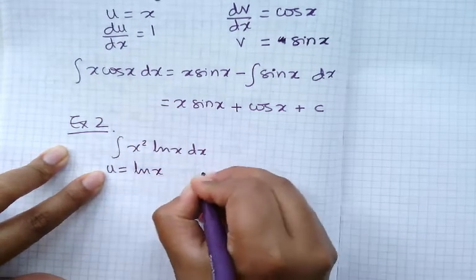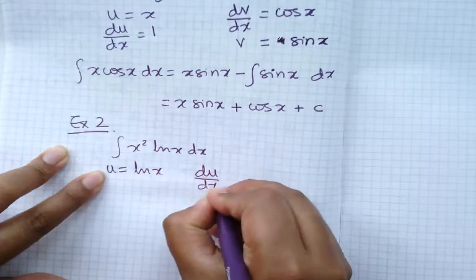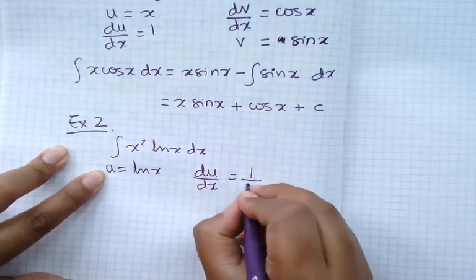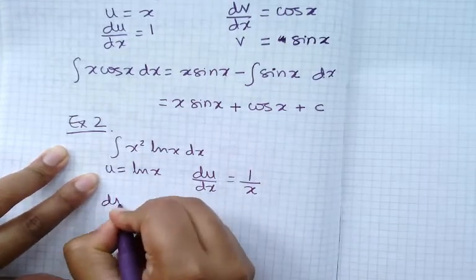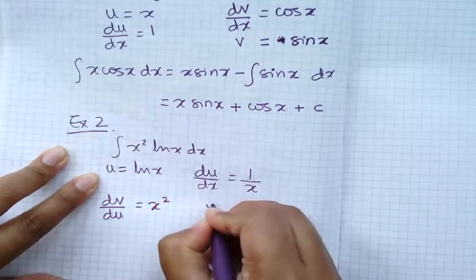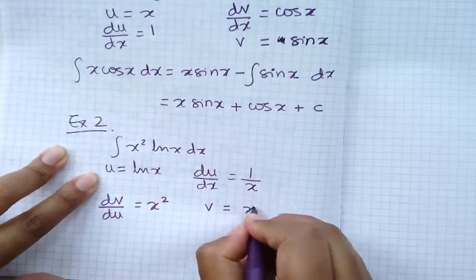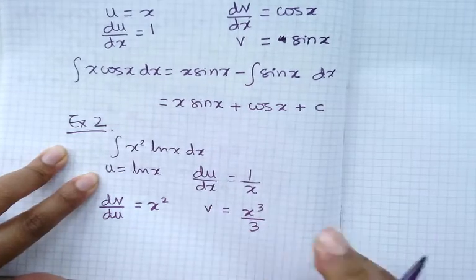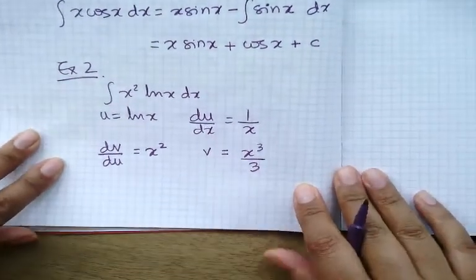So du by dx is 1 over x, dv by dx is x squared, and that means your v is going to be x cubed over 3. Now follow the formula again.